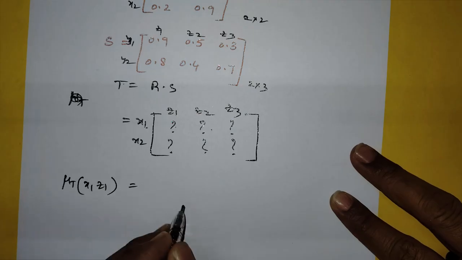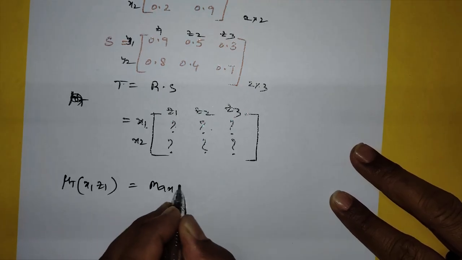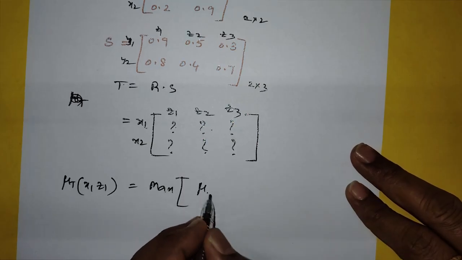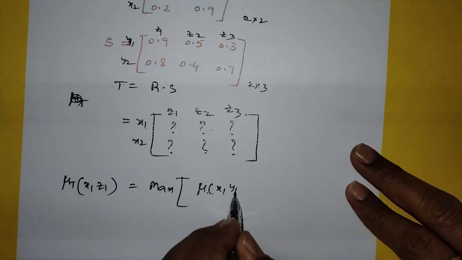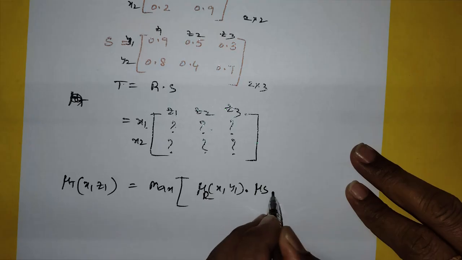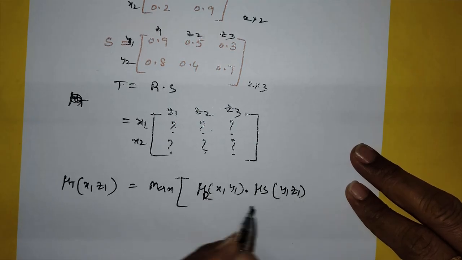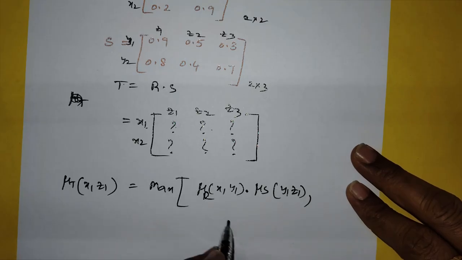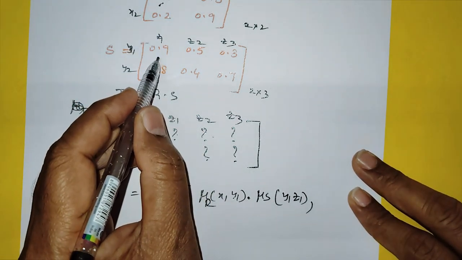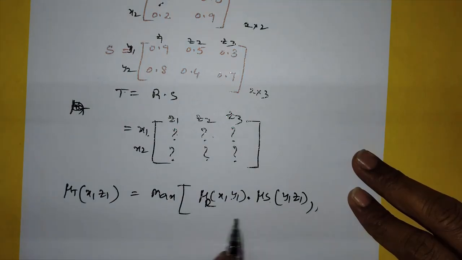What is mu of t of x1 z1? It is the maximum value of the membership values. The membership values of x1 y1 from mu r and y1 z1 from mu s, these two products. What is x1 y1 here? 0.6. What is y1 z1? 0.9. Both product, comma.